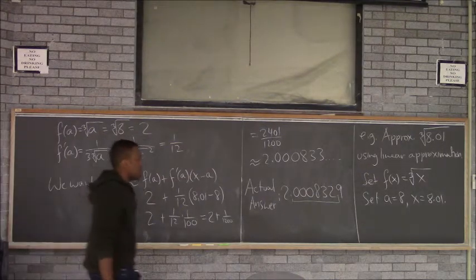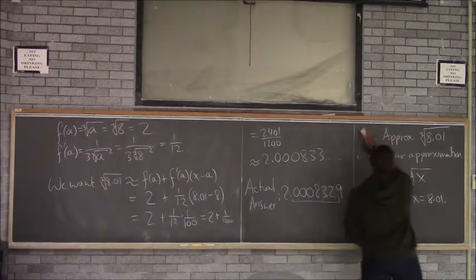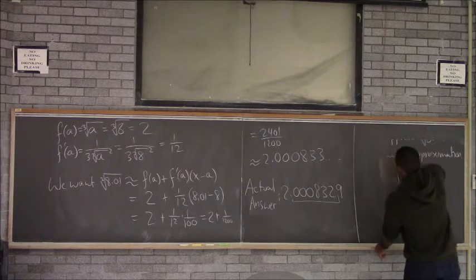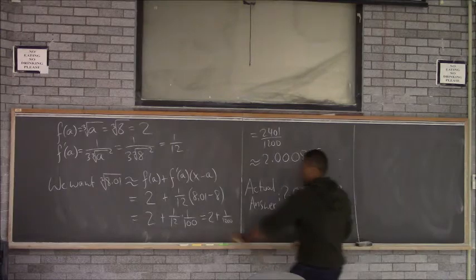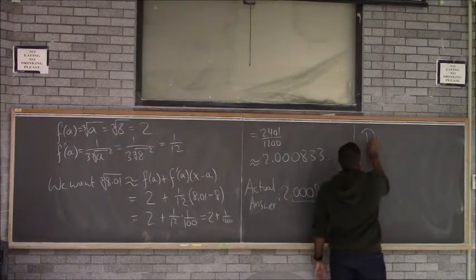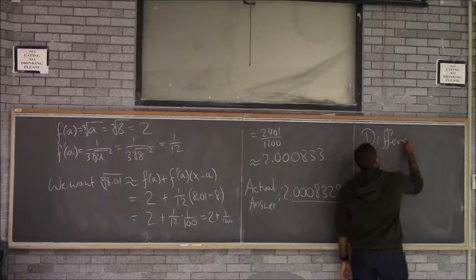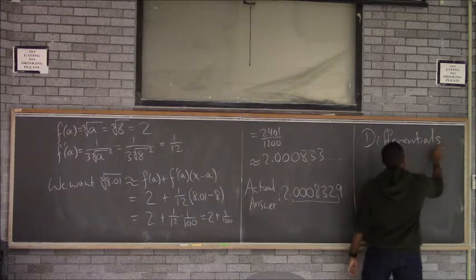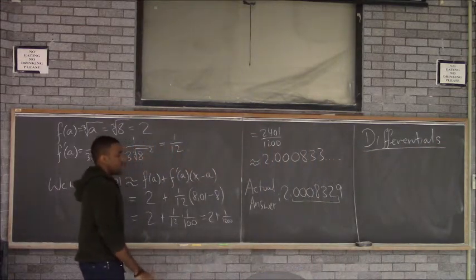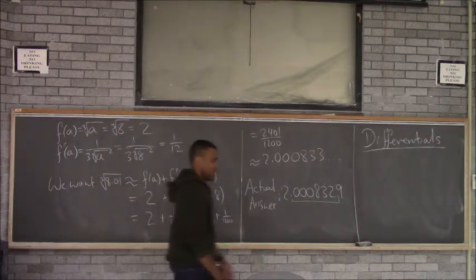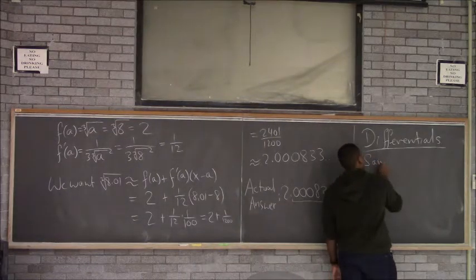There is another flavor of linear approximation, which was also in the title, called differentials. And that's basically when we want to focus on the change. It's the same idea as linear approximation, actually.